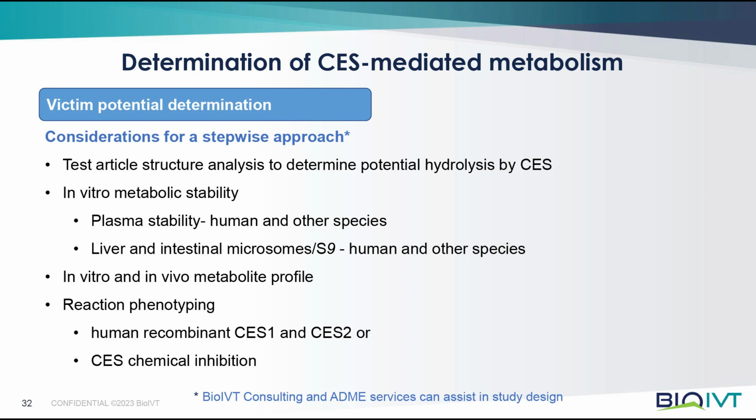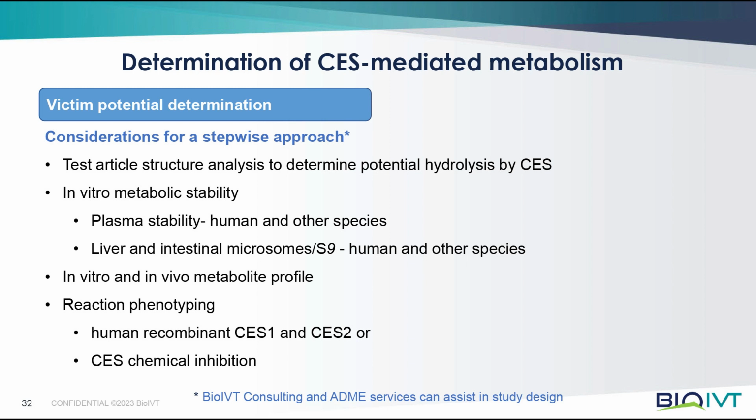in vitro metabolic stability. Because there are many other hydrolases that could potentially catalyze the hydrolysis, you would want to look at plasma first, because if you see a difference in plasma stability versus human liver microsomes or S9, that might tell you that there's something beyond carboxylesterases that's hydrolyzing it as well.